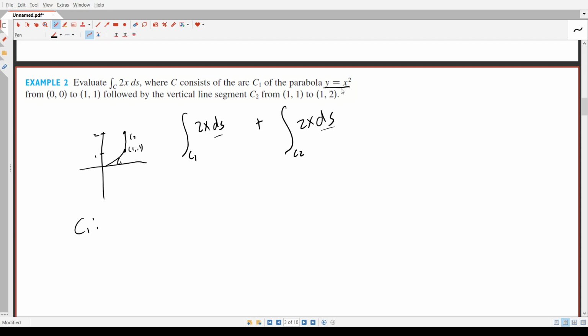Somebody. No? Okay, well, there's always a very easy way to parameterize any curve that you know the equation for. I said x of t is t, and y of t is just t squared.